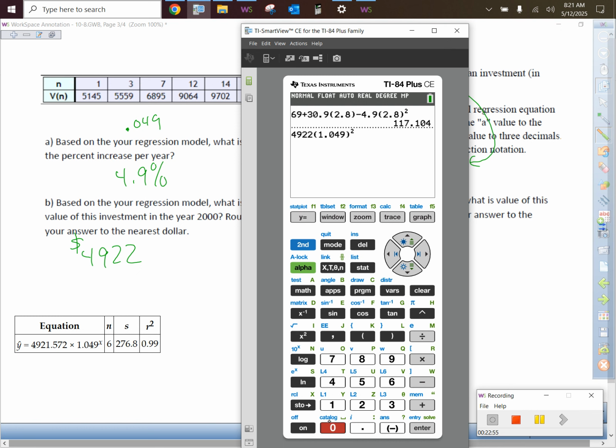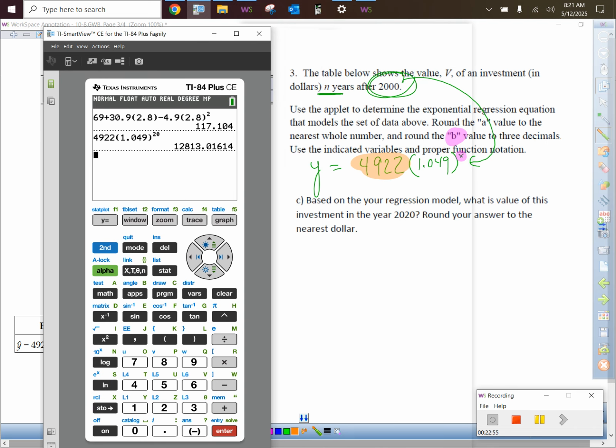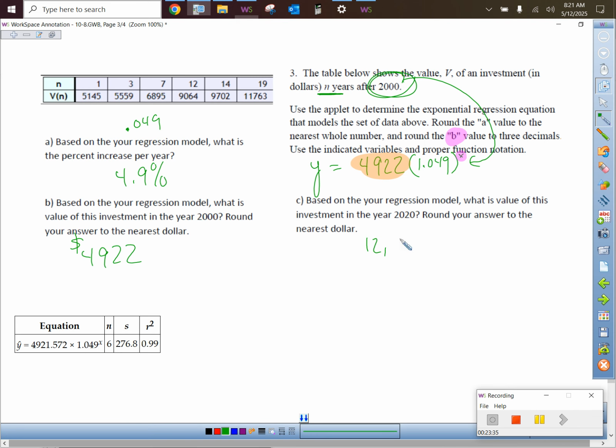When they had us do the rounding, it was for a reason, so you didn't have to type all those decimals over and over again. And about how much? Since this is money, they said to the nearest dollar. That's how we talk in money. So 12,000 what? $813. Dollar bills, y'all. Not bad, right? We started with $4,900, and 20 years later we got 12,000.